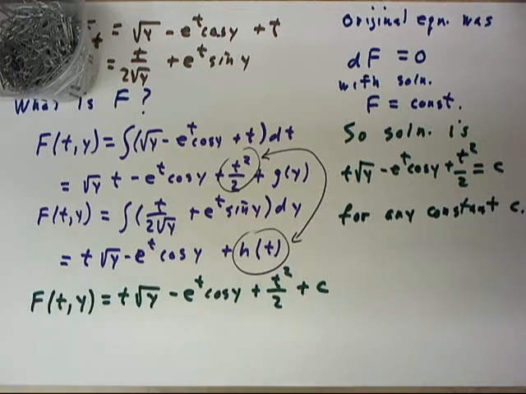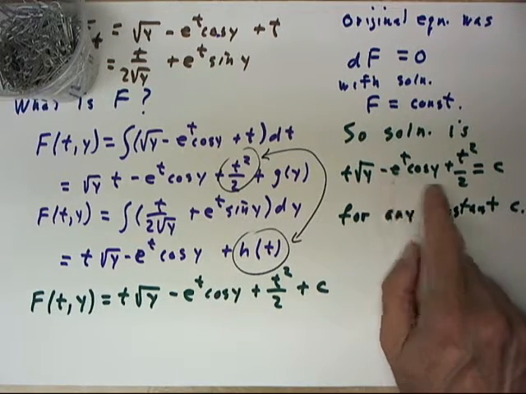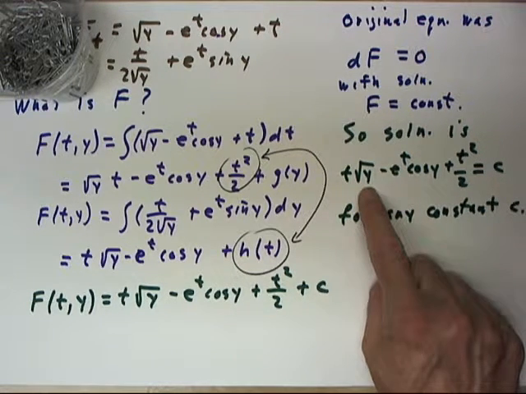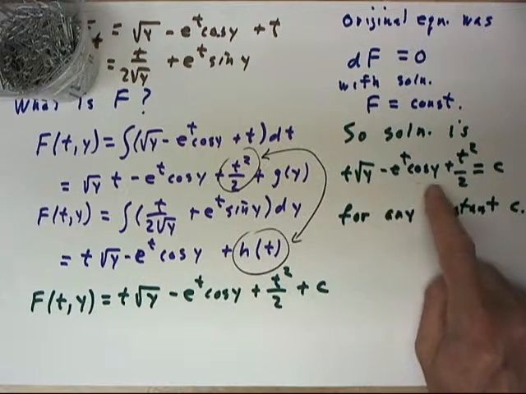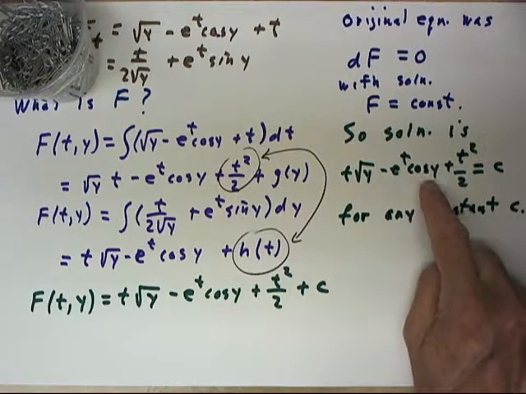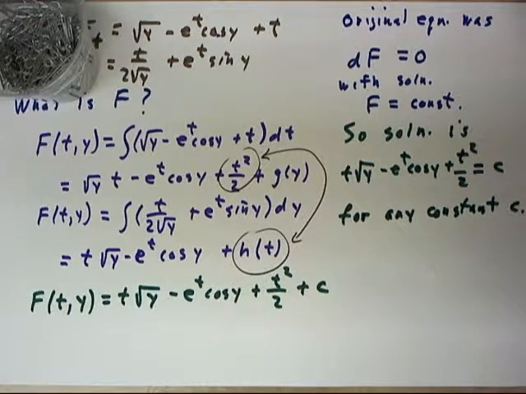We could, and often would, attempt to solve this equation for y, but seeing a square root of y here in one term and a cosine of y in another term indicates that we're not going to get a closed form solution for this equation.